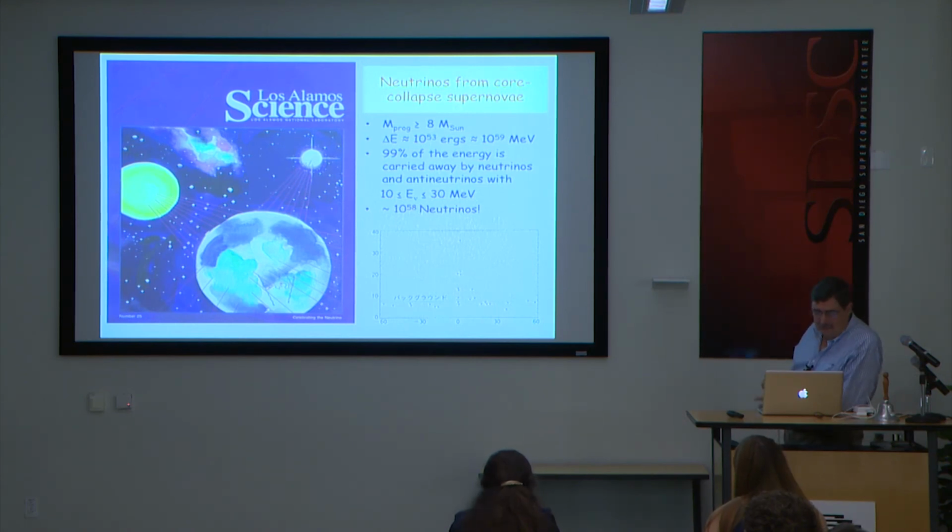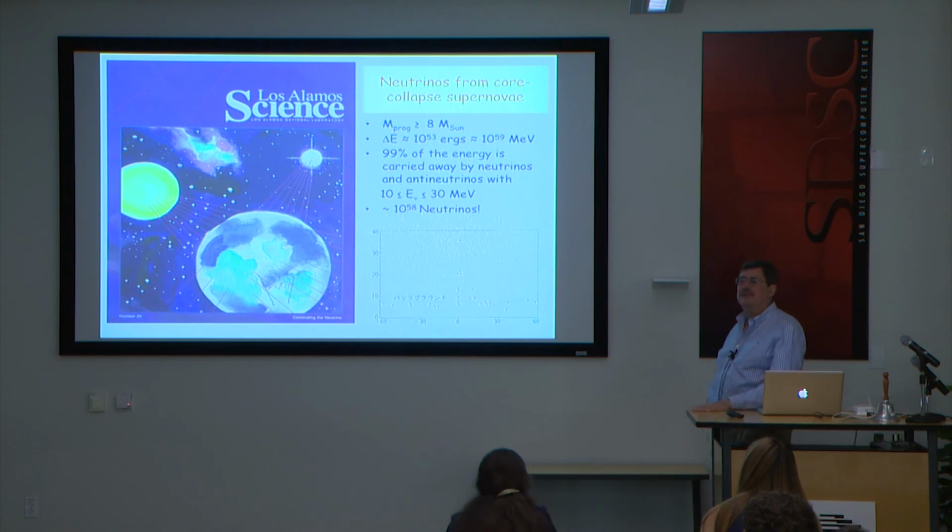So basically, you start with a progenitor star, which has at least 8 times the mass of the sun. And we prefer them to have 12 times the mass of the sun, but 8 to 12 times is fine too, just slightly different. And in the collapse, you release something like 10 to the 53 ergs of energy, which is about 10 to the 59 MeV.